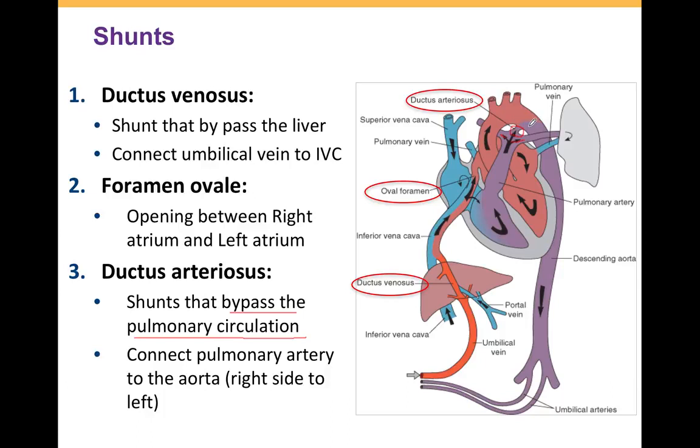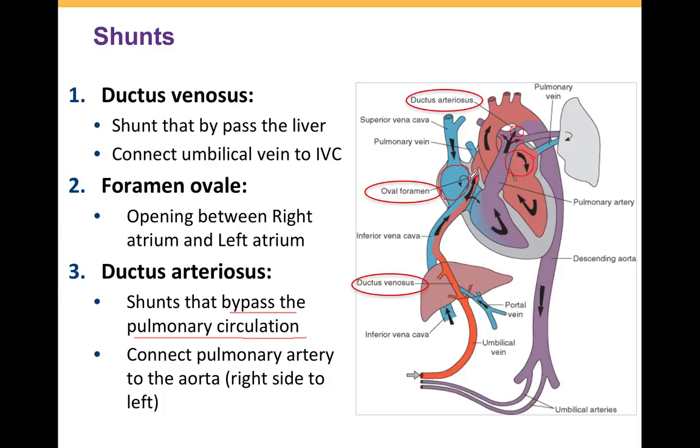Now, another way that we can prevent blood from going into the right side of the heart and eventually into the lungs is, as blood enters the right side of the heart, which is the top part called the right atrium, you can just take that blood and directly transfer it to the left-hand side. Take the blood from the right top chamber, which is the right atrium, and transfer it to the left atrium. To do that, you have this opening right here.